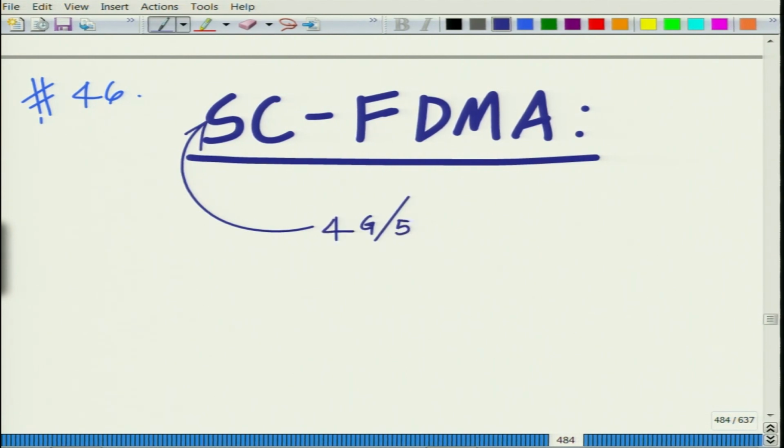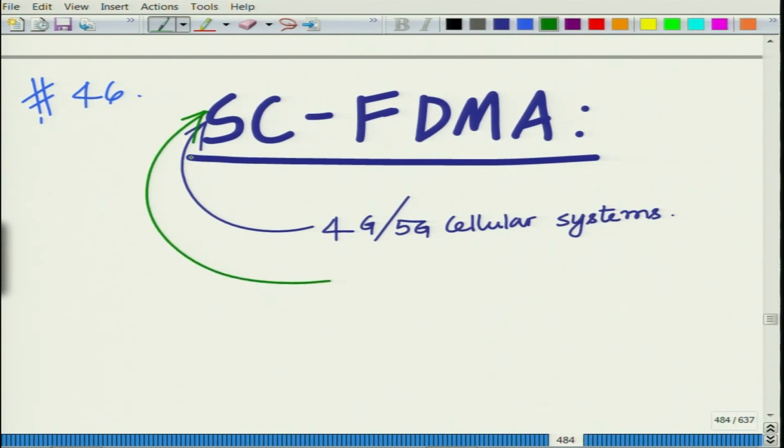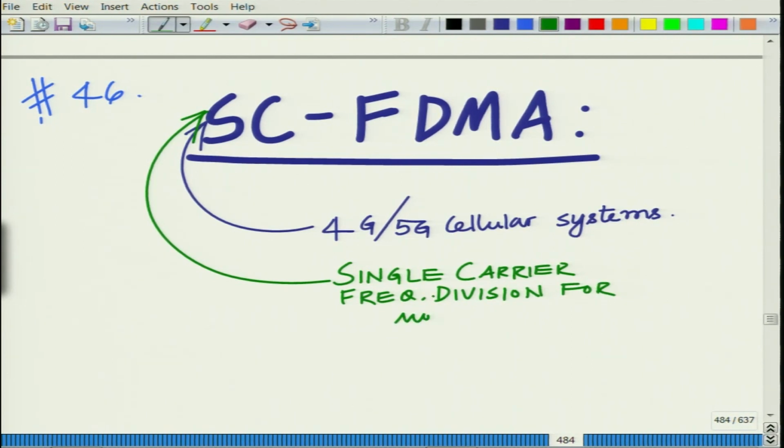This is used in 4G and 5G systems, and SC-FDMA stands for single carrier frequency division multiple access.